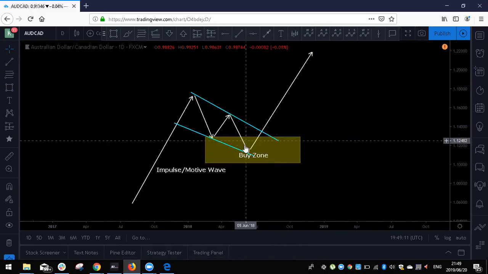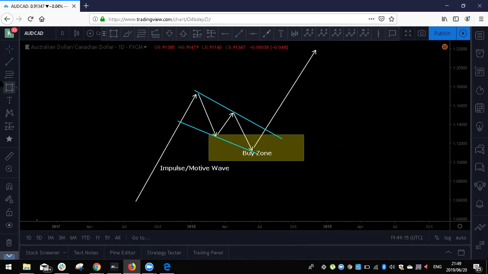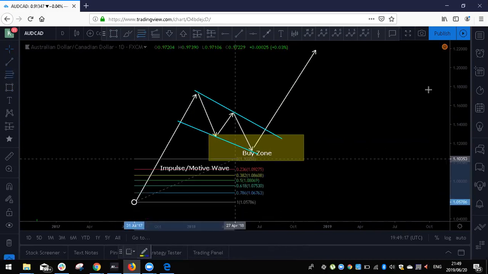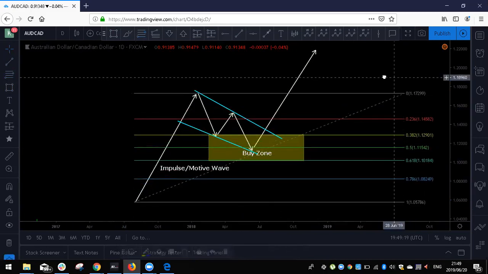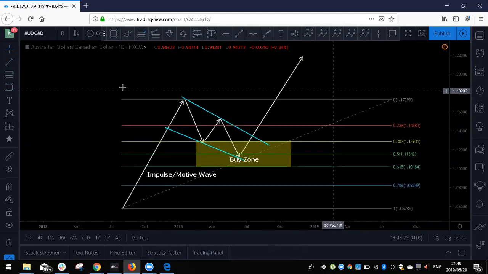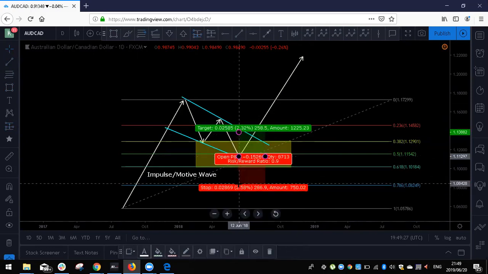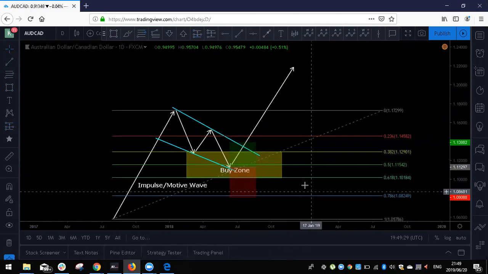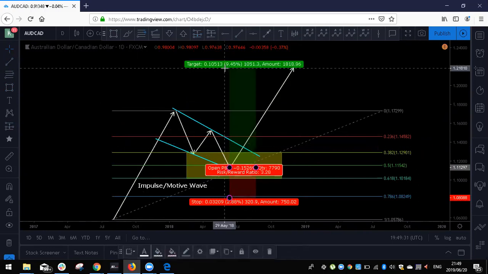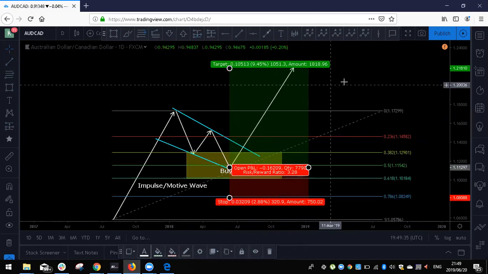If you take a buy in this box, you get the best risk reward. We have our zones, and we said below 78.6 it's a reversal. So if I take a buy from there, I'm going to put my stop at 78.6, just so I don't get taken out unnecessarily.